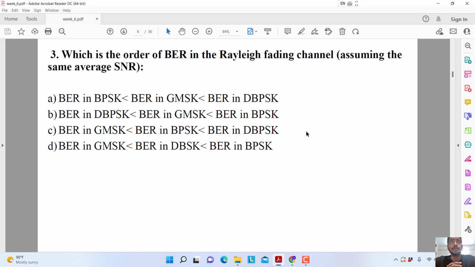Just write the formula of the BER. From there you can compare which option is correct. The condition is given that we assume the same average SNR. SNR is the same for all the schemes. Try it.